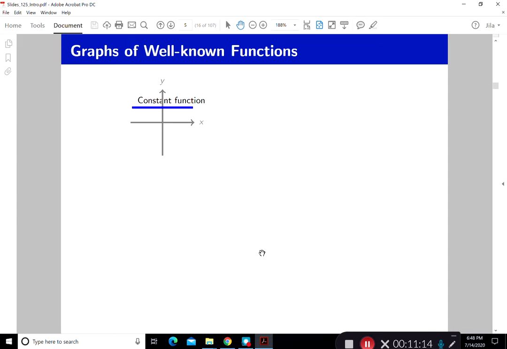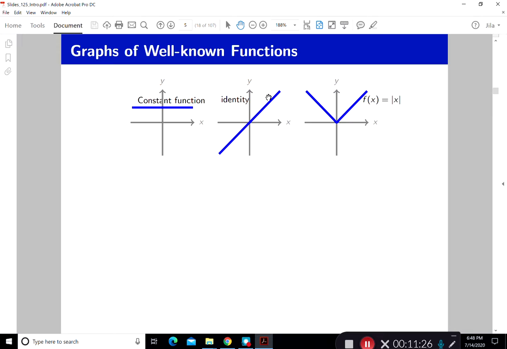There are some graphs of well-known functions. This one is the constant function. Then we have the identity, y equal to x. Then the graph of the function f of x equal to the absolute value of x. It looks like the identity that is broken, with one piece mirrored over the x-axis.